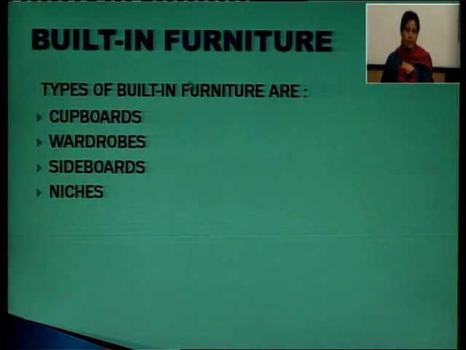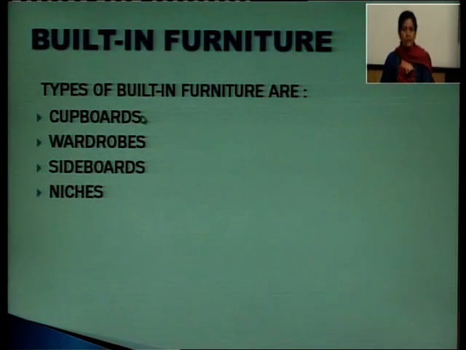Now comes the built-in furniture. The types of built-in furniture are: number one is cupboards, then wardrobes, then sideboards, and then niches. You must be aware of cupboards, wardrobes, and sideboards, but sometimes we say closets for all these things.